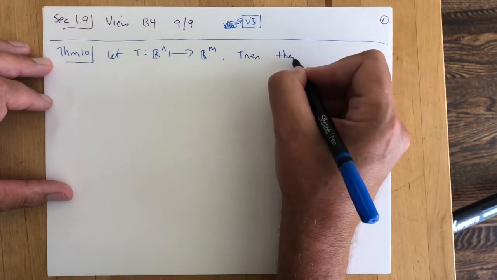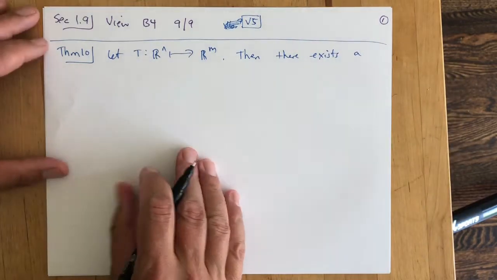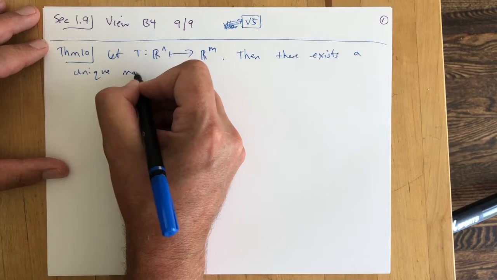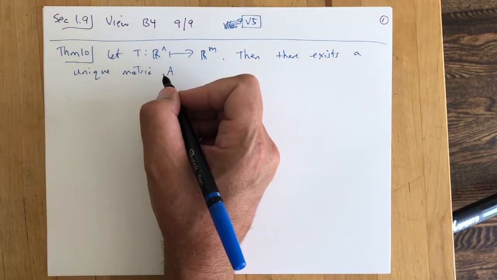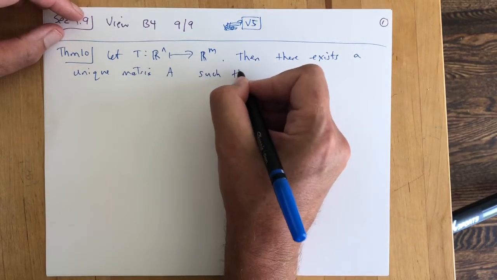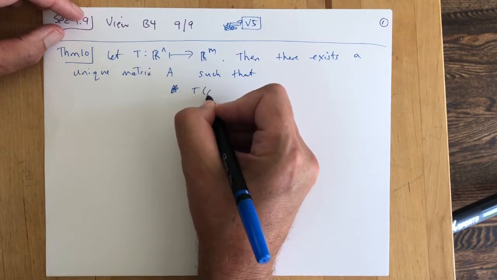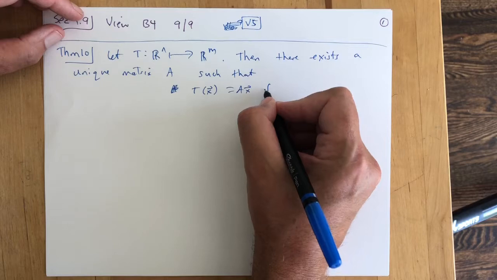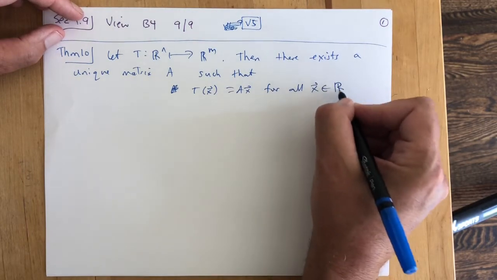Then there exists a unique matrix A such that T(x) equals A x for all x in Rn.